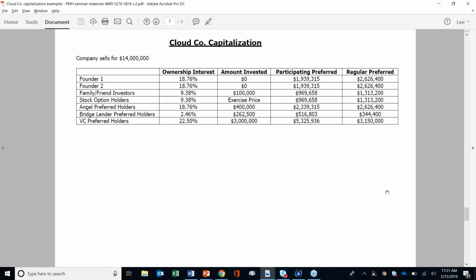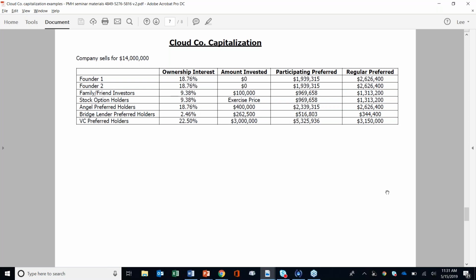That would not be considered a success overly for the VC preferred owners. They're only getting back a return, you're going to see the returns, but the value increase is less than 50%. We'll walk through a little bit of the examples between participating preferred and regular preferred.